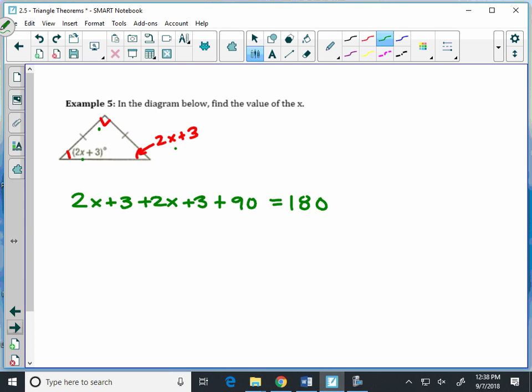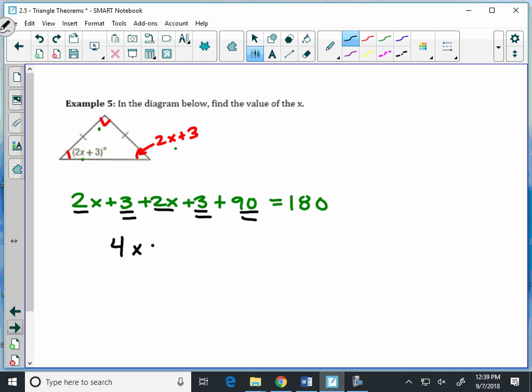Sometimes you're going to do what we did in example 4a. Set the base angles equal to each other, the angles across from the congruent sides. Sometimes you're incorporating both that isosceles triangle theorem and the angle sum theorem in one problem. And then solve. Combine your like terms. What do we get when we combine our like terms?